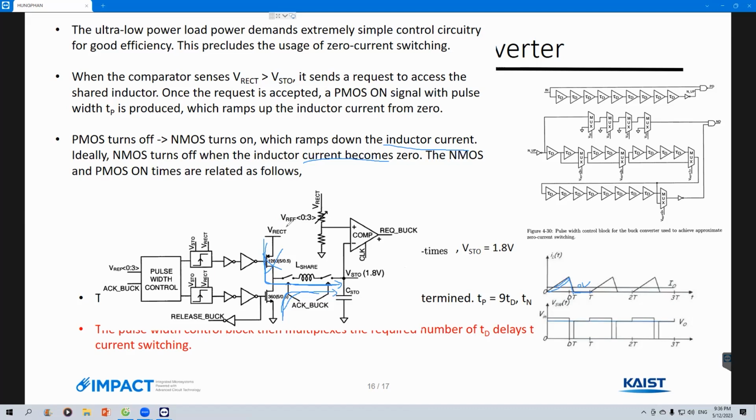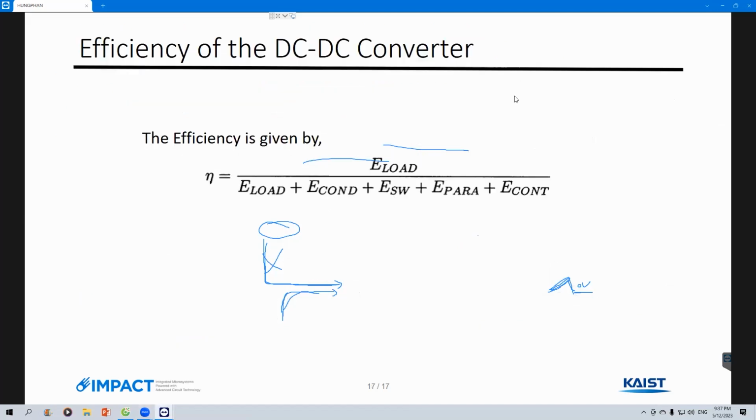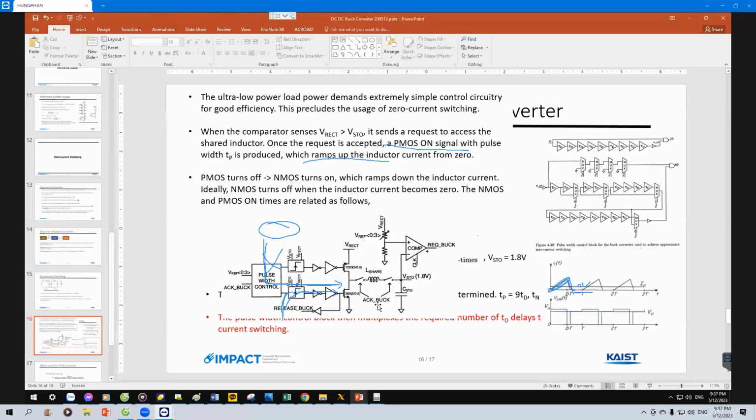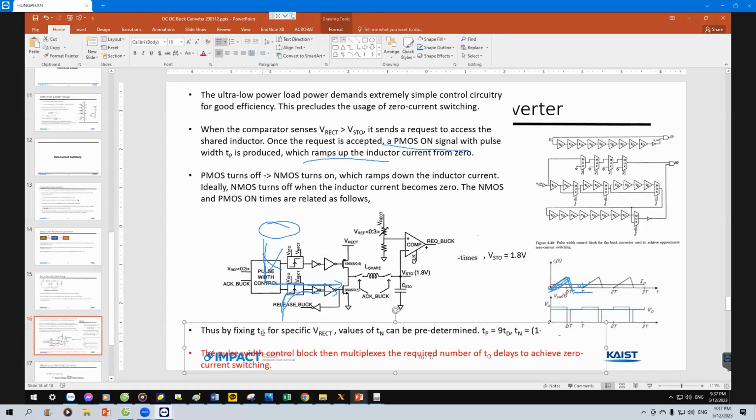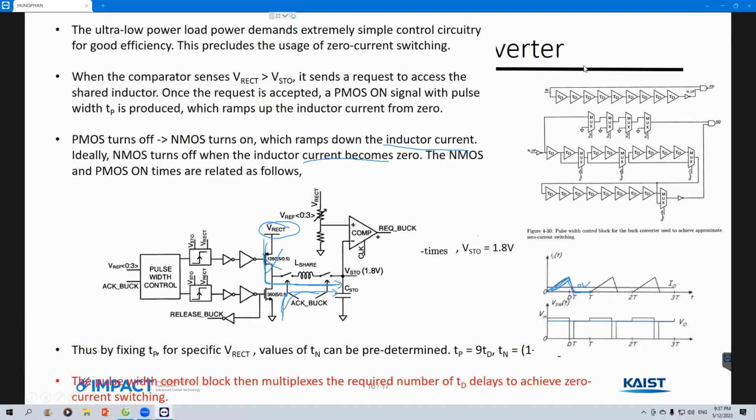However, because this changes, the time the inductor turns on, what is fixed here? Is it fixed TP or TD? Fixing TP. TP is equal to 9 TD.